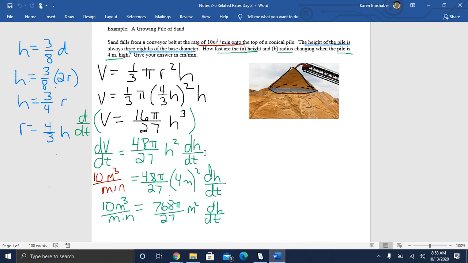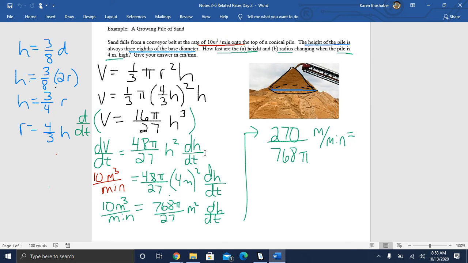So I can multiply by the reciprocal of 768 pi over 27. You can multiply that on both sides. The meters cubed and the meters squared will cancel to just give me meters per minute. So that's 270 over 768 pi, and this is in meters per minute. And that is actually what we were asked to find, dh/dt.